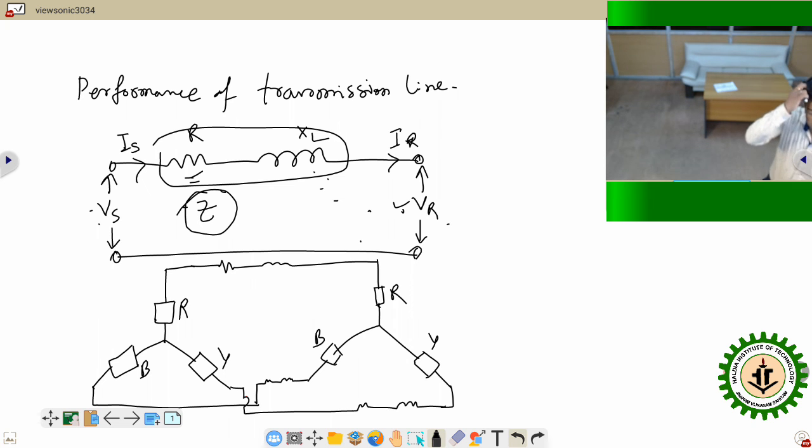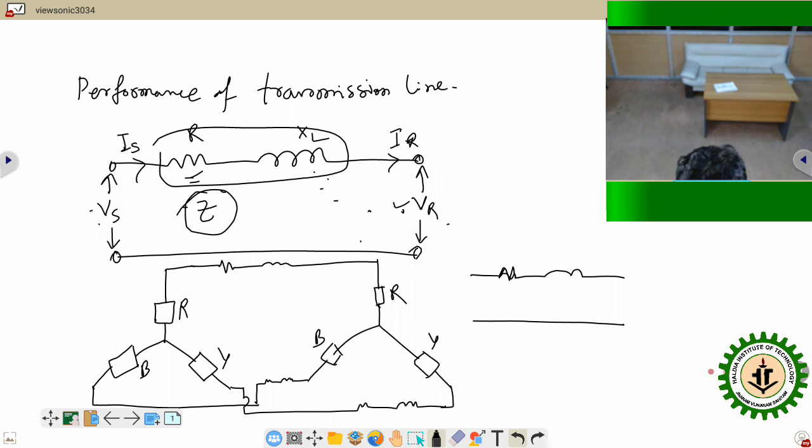That's why you get this kind of diagram. That means we calculate 1/3 of the transmission line, not the total. Whatever power you get, the total power is three times that. Okay.